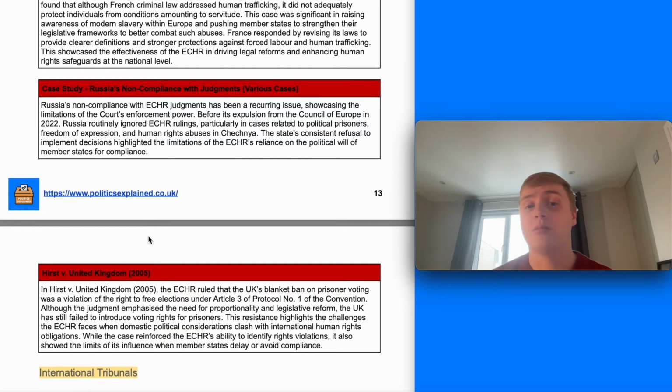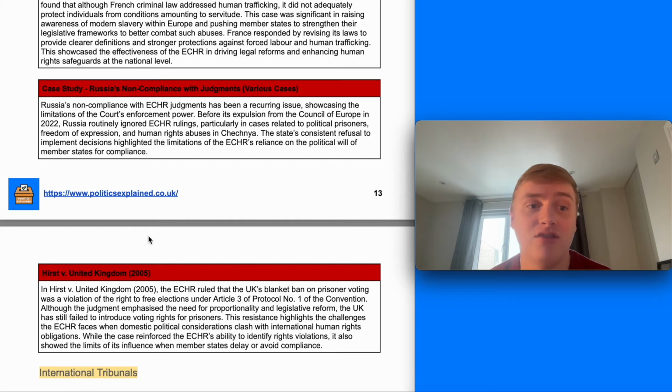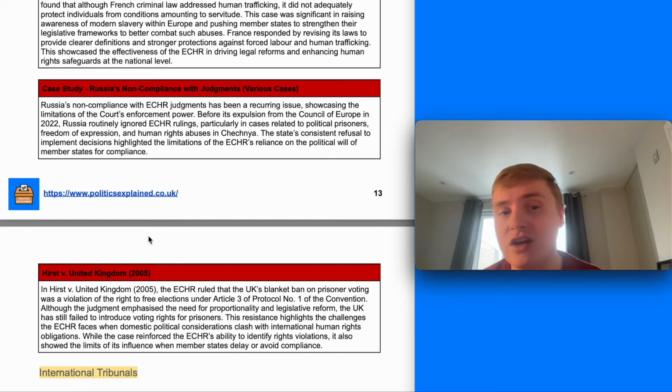On the other hand, then, you've got a number of case studies showing the ineffectiveness of the ECHR. So Russia has routinely not complied with ECHR rulings. Before it was expelled for the invasion of Ukraine in 2022, Russia routinely ignored rulings, particularly in cases related to political prisoners, freedom of expression, and human rights abuses in Chechnya.